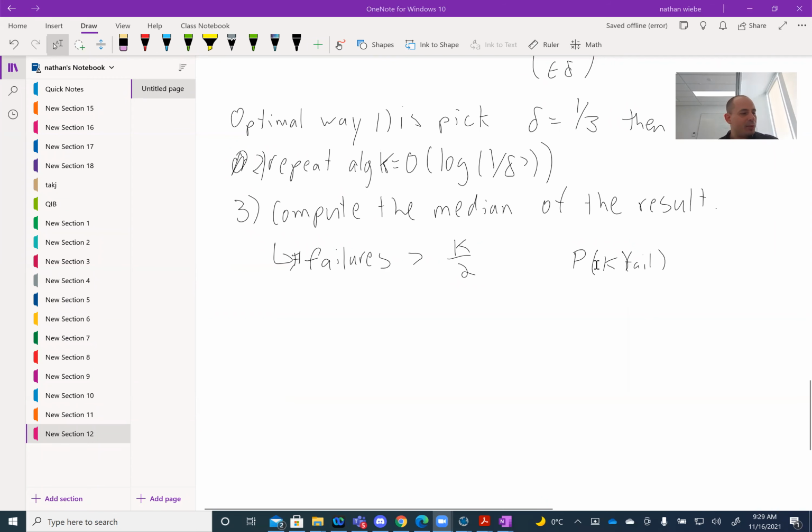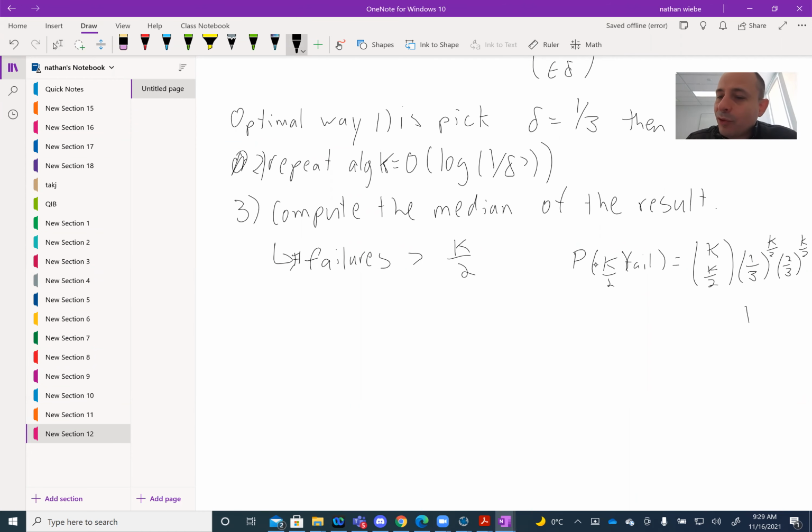Okay, so now the probability of this is given by the binomial distribution, which is the probability of exactly K over 2 failures would just be K choose K over 2 times the probability of failing, which is 1/3 to the K over 2, and then 2/3 to the K over 2.